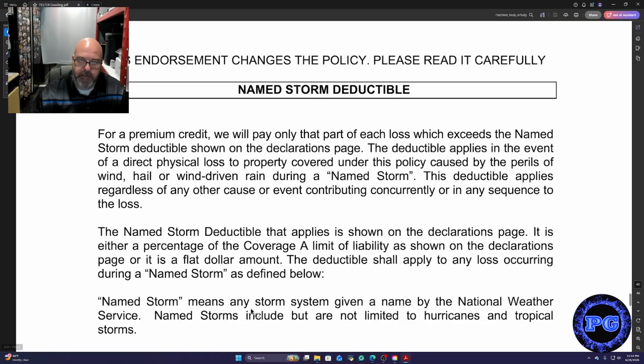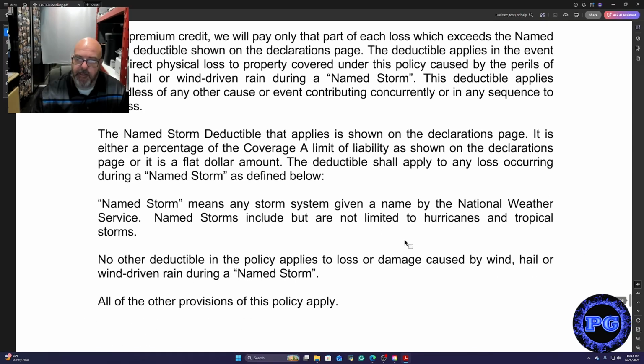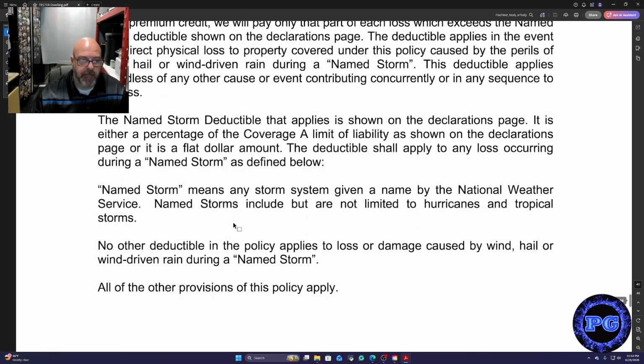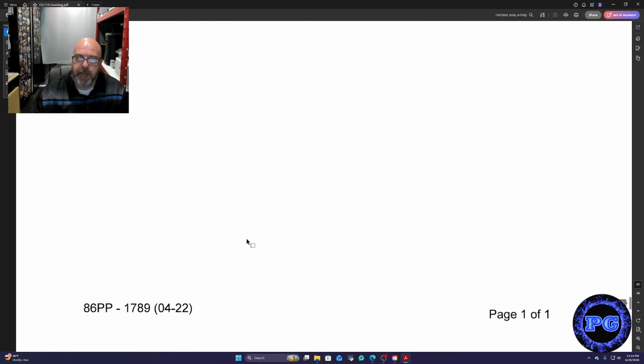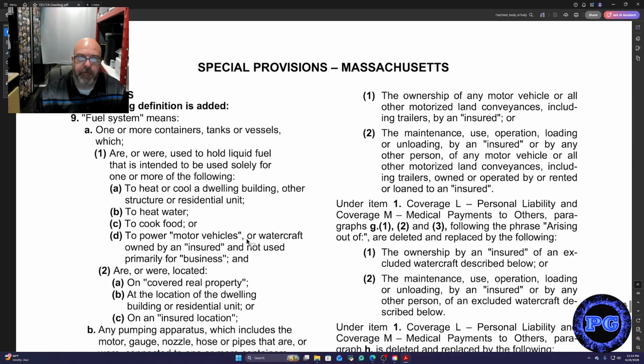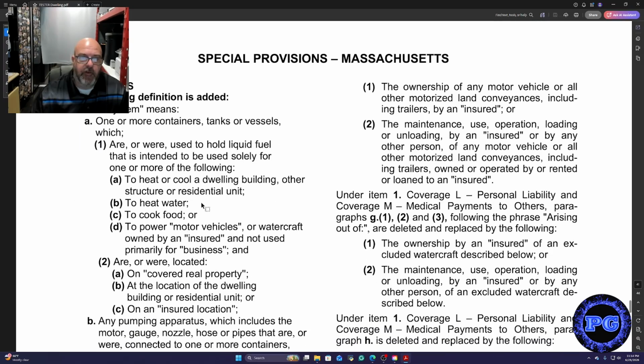National Weather Service, like I was saying up there, here it is in writing so you can see it. I'm not just pulling facts out of the air to tell you about. And no other deductible in this policy applies to the loss, blah, blah, blah. But that's special provisions. Fuel system.